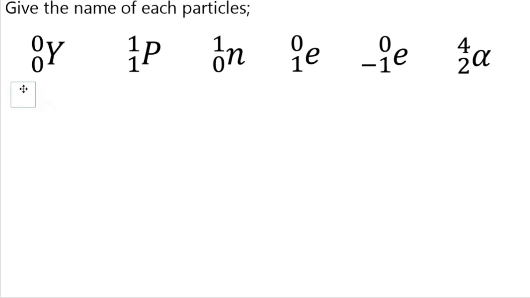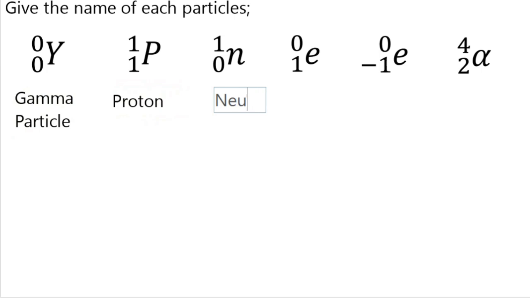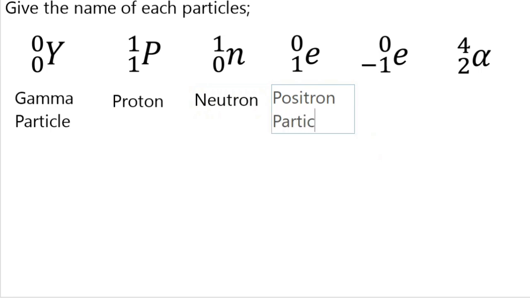Now let's give the name of each particle. So this in Y, that is also a Greek symbol. That is a gamma particle. It does have a zero atomic number and zero mass. So this is a proton, this is a neutron, neutral, and this is a positron, which is an antimatter or opposite of an electron, and this is an electron, that's going to be -1.